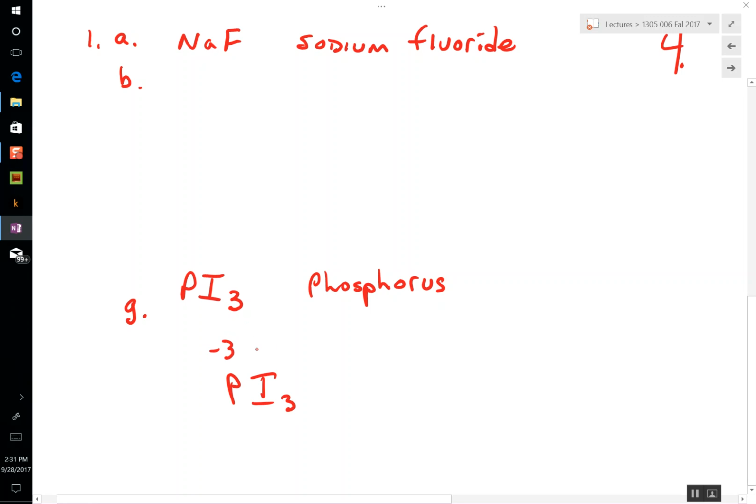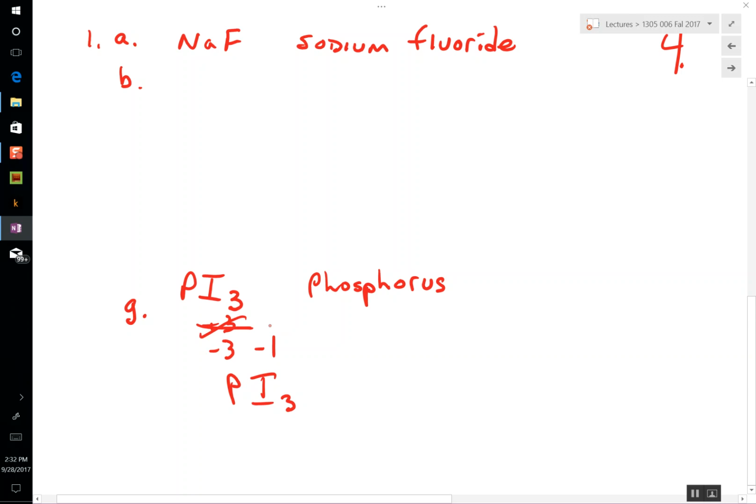And iodine normally has a -1 charge. So we don't have a positive ion attracted to a negative ion. We're talking about two negative ions. So they're not going to transfer electrons, they're going to share them. Okay? So it's not going to be phosphorus iodide, because this isn't a +3 ion.